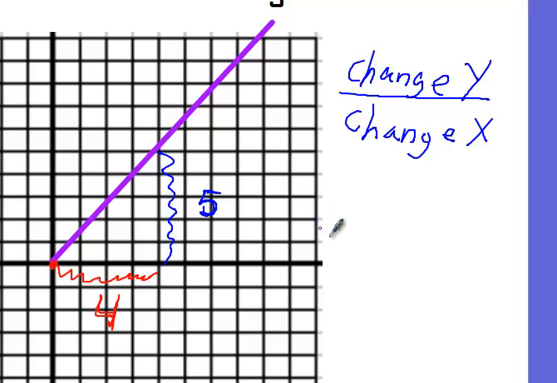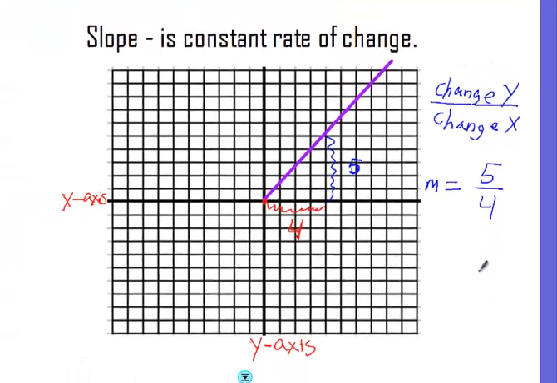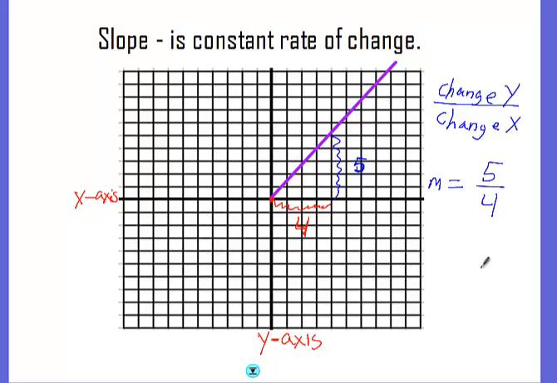So the slope of this line, which we denote with m, is 5 over 4. For every 4 we go to the right, we go up 5. So we're going to the right 4, going up 5, and that's how you graph your line.